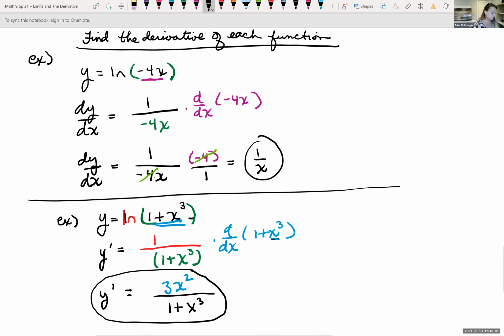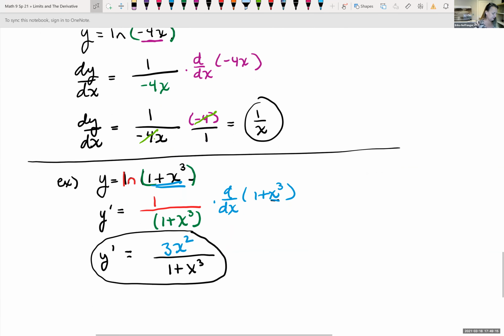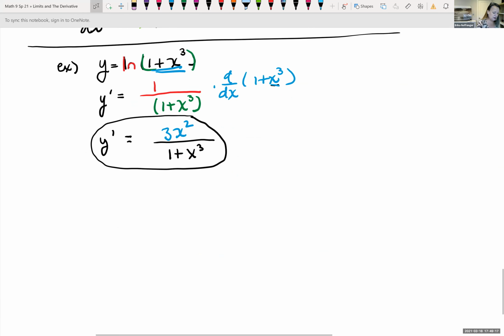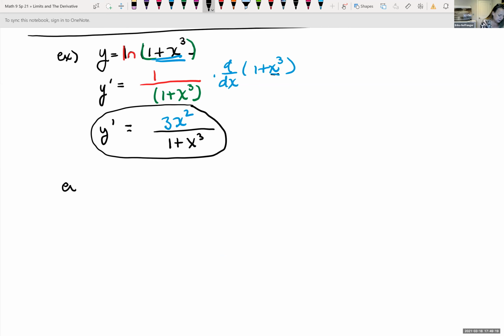So here's a case where if we use properties of logarithms, it could actually be a little easier to take the derivative. So let's look at the following. We're given that y is equal to the natural log of the square root of 2x plus 1.